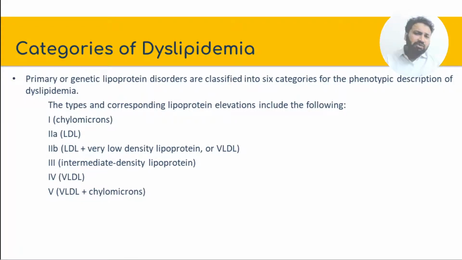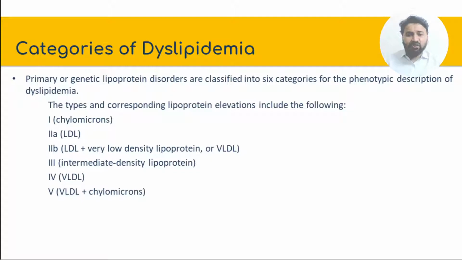This lipoprotein disorder can be genetic, a primary disorder, or a secondary disorder. Genetic and primary disorders are the same. These lipoprotein disorders are classified into 6 categories based on the lipoprotein elevation. The first is type 1, which is because of an elevated amount of chylomicrons.